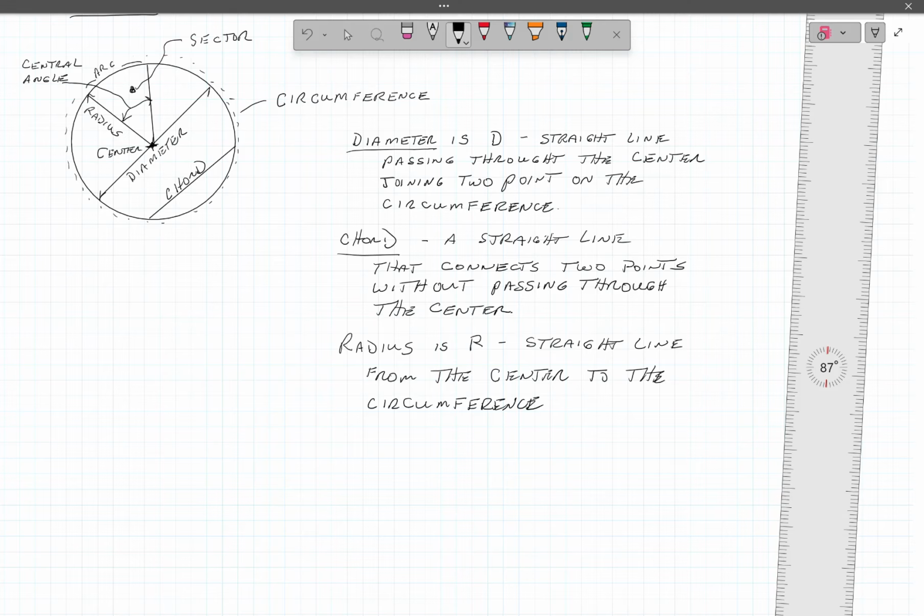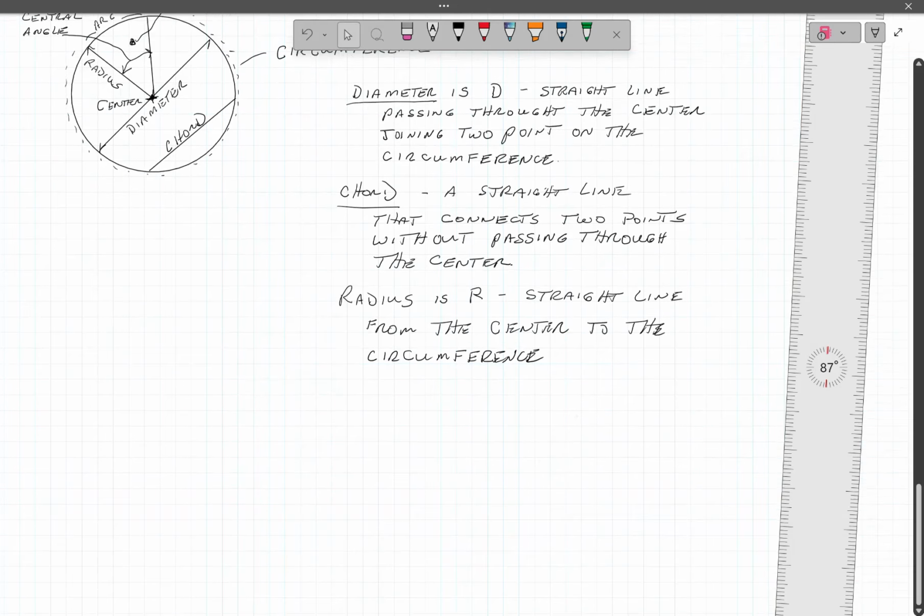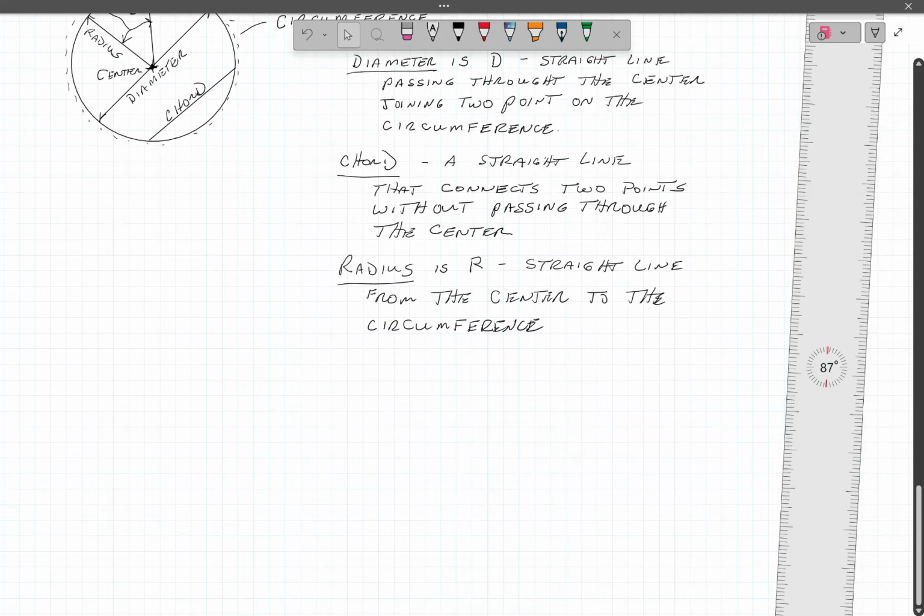So we can pick any point on the outside edge and you can have a radius. Now, we've been using the word circumference quite a bit here, so let's define that one.